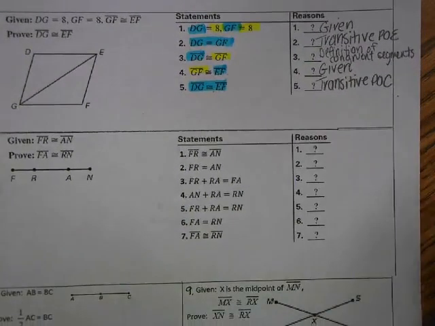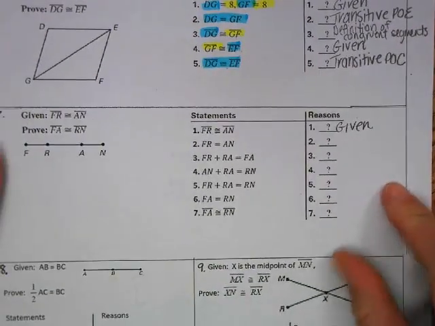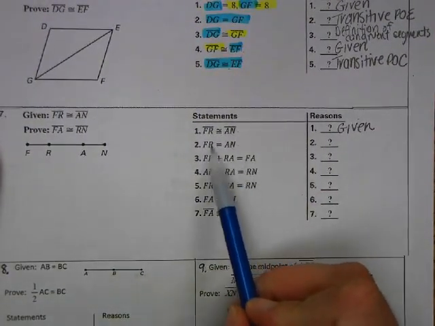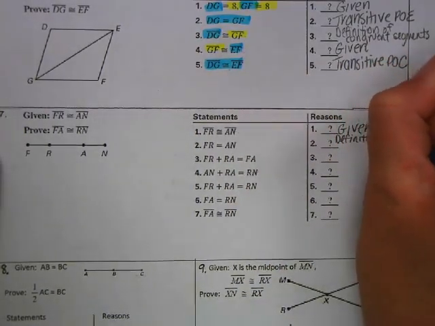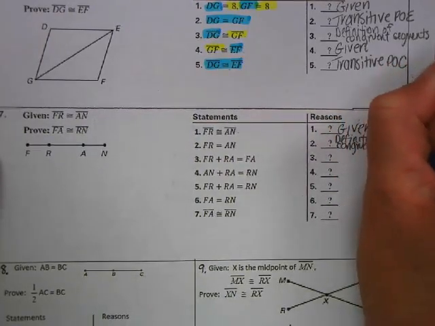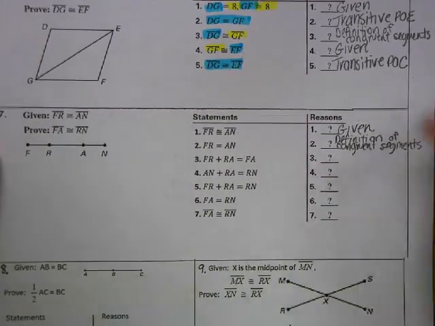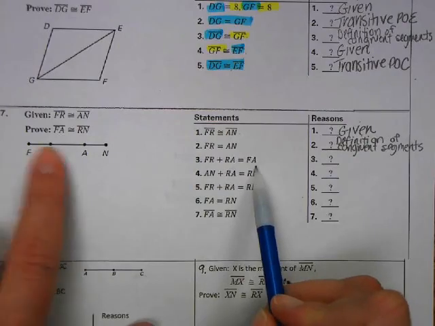All right, number 7, we only have one piece of given information. And we went from saying that they're congruent to equal. So that's that definition of congruent segments again. And then we have FR plus RA equals FA.